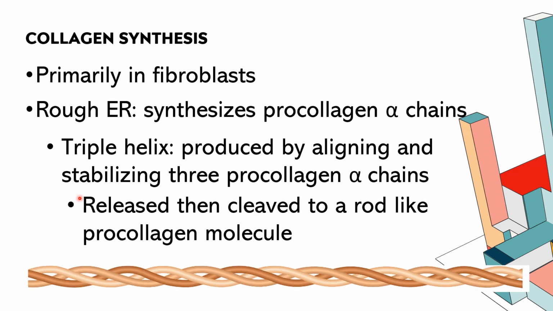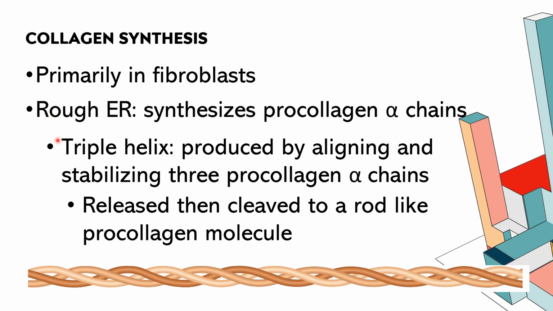Let's move on to your collagen synthesis. Your collagen is a core part of your connective tissue. Let's take a look at how this is synthesized. Your collagen is synthesized primarily by your fibroblasts, which are resident cells of your connective tissues.